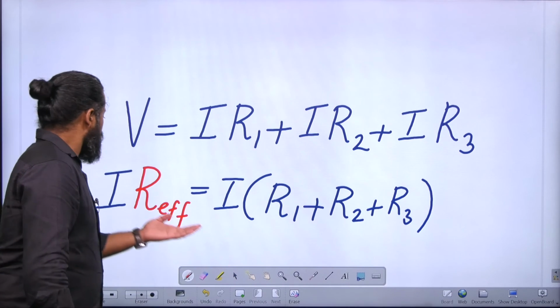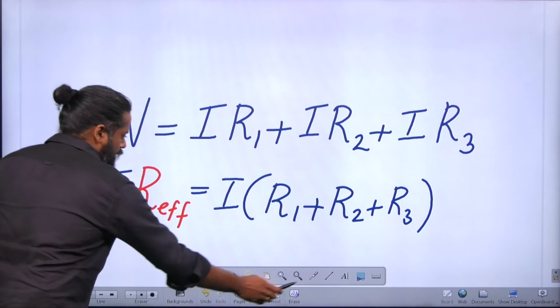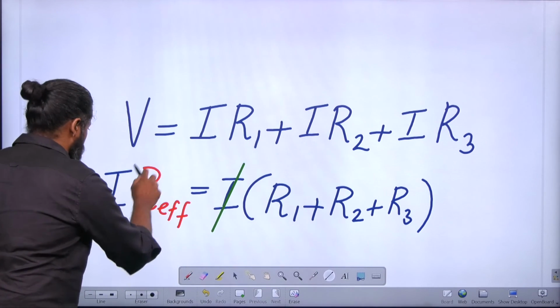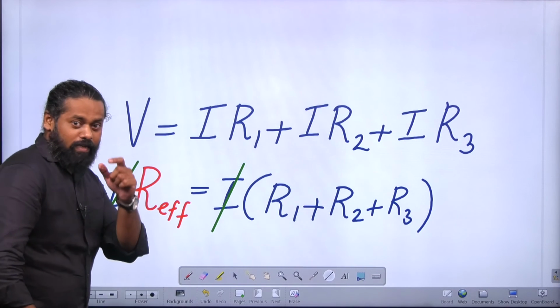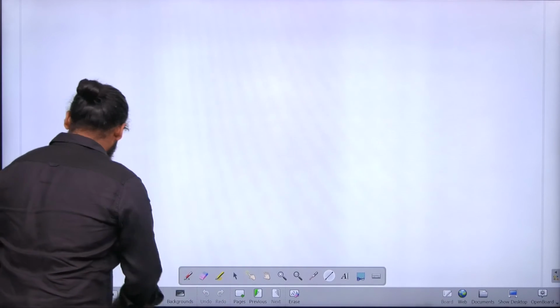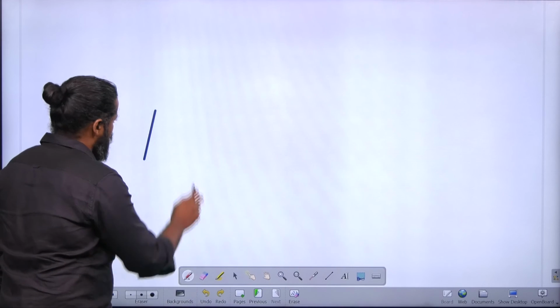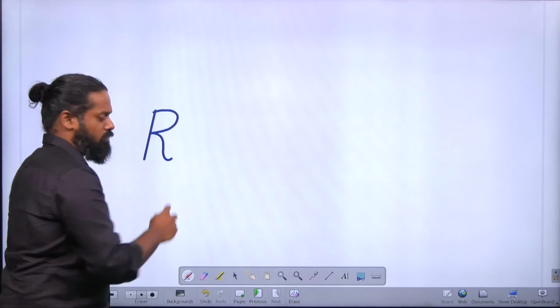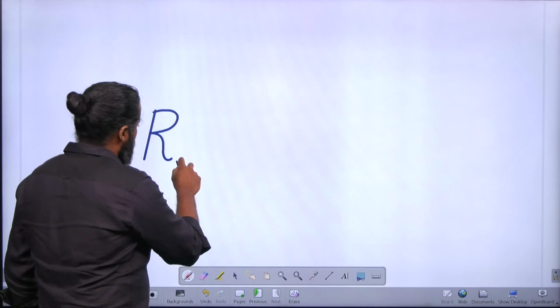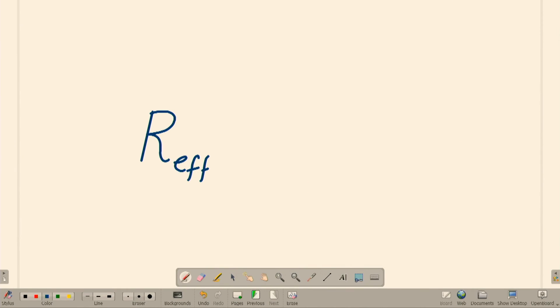Now see, you can easily cancel this I because both are the same value. So you are getting the final expression. Look here, the effective resistance when you are connecting three resistors in series, R effective, is going to be equal to R1 plus R2 plus R3.